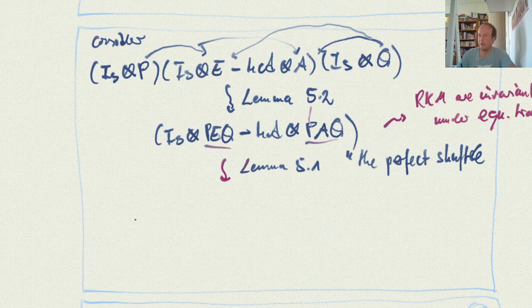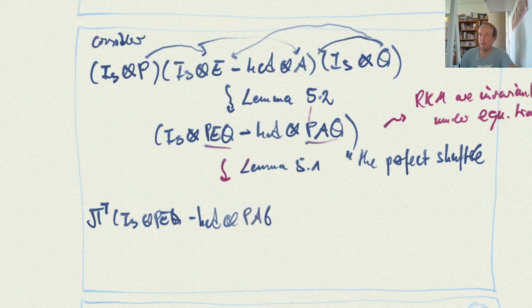Since we know we have square matrices, we can write this as P (E ⊗ I_s − hA)... PEQ minus PAQ times the I_s, interchanging these products.